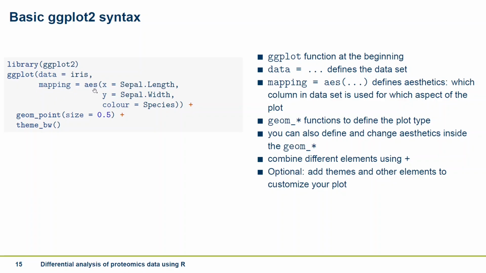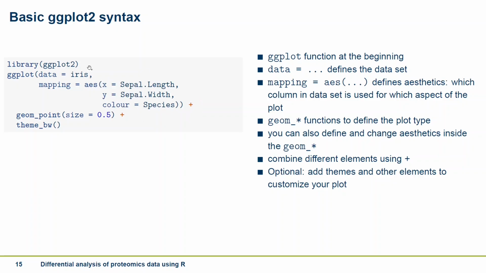In this mapping, with the aes function, you can define the so-called aesthetics. So basically, which column in your dataset is used for which part of the plot. Here in this case, for the x-axis, we want to use the sepal length. For the y-axis, the sepal width. And for color, we want to use the species.